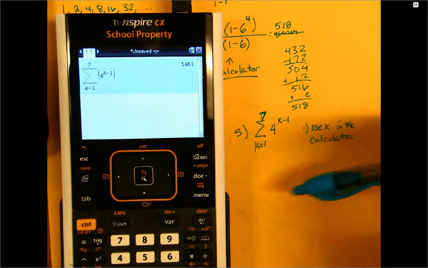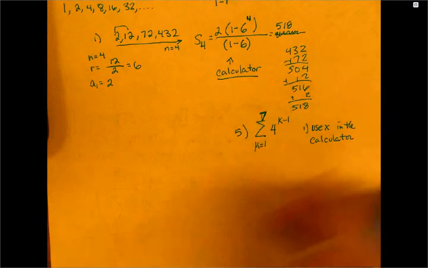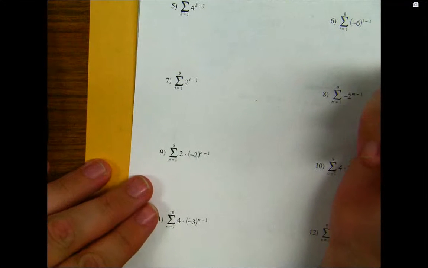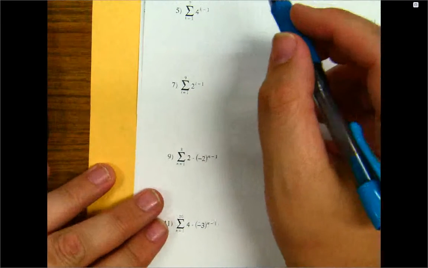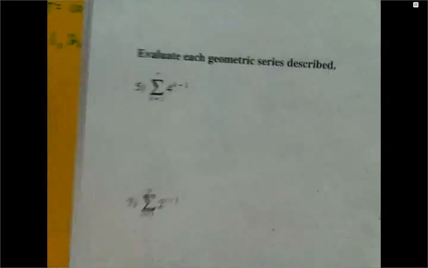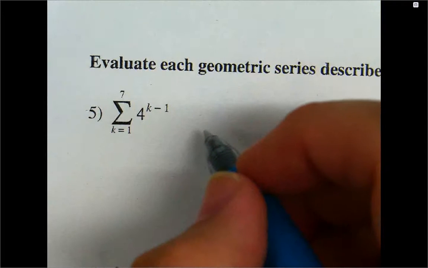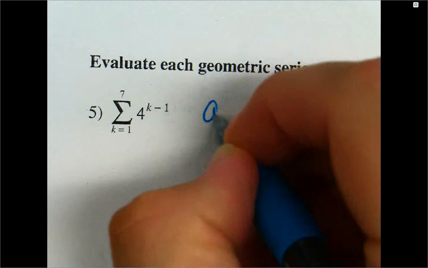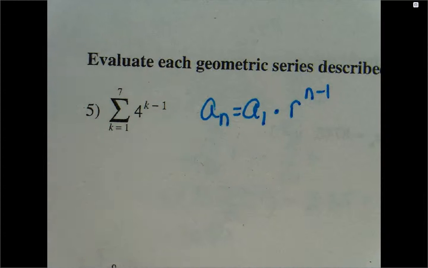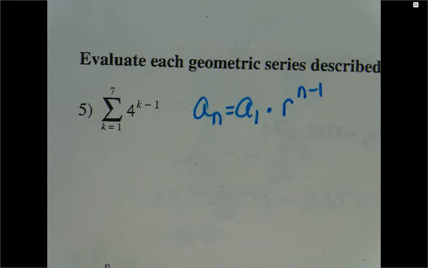But a couple things that I want to show you that you can kind of work through here is, now, if you look at this term right here, and you think of the formula for a geometric sequence, a sub n is equal to a sub 1 times r to the n minus 1.